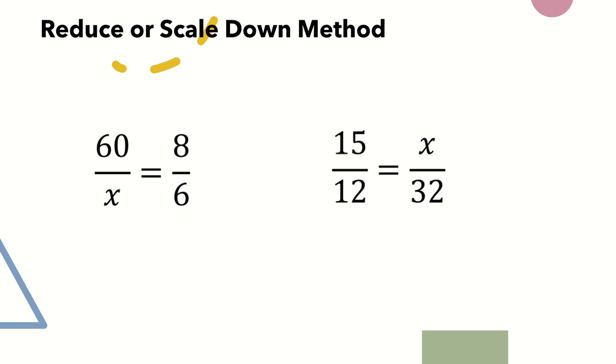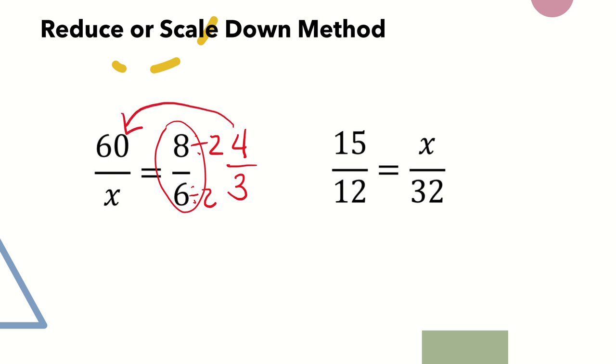I know that 2 can go into both 8 and 6. If I divide by 2, that's going to give me 4 over 3. Now I can figure out what times 4 will give me 60. I know that 4 times 15 would give me 60.